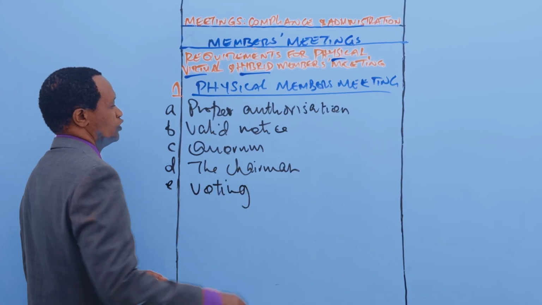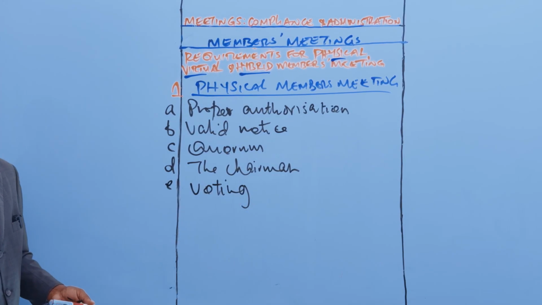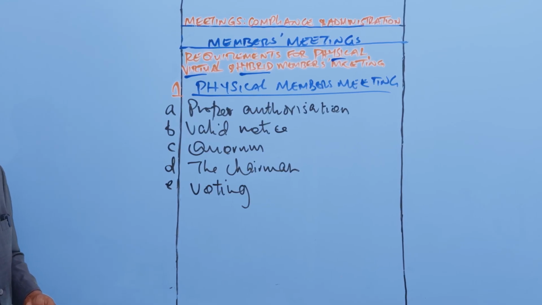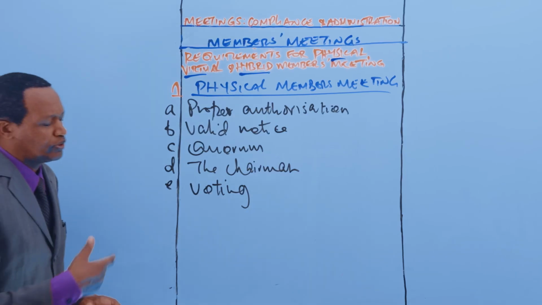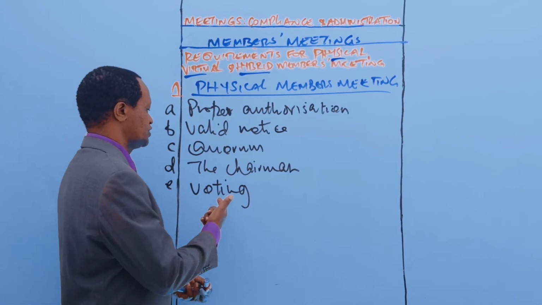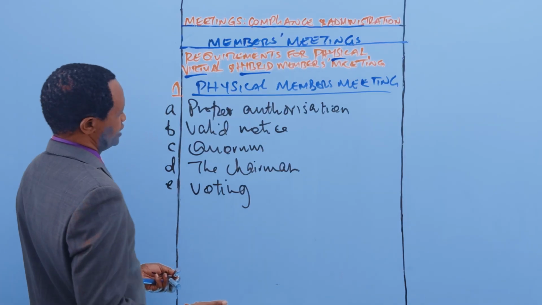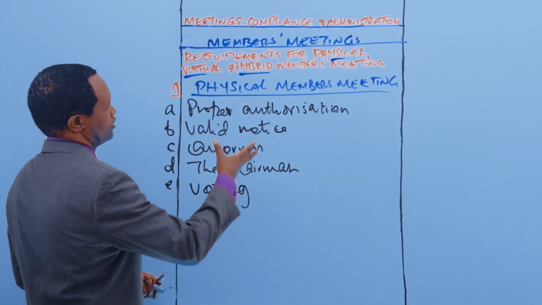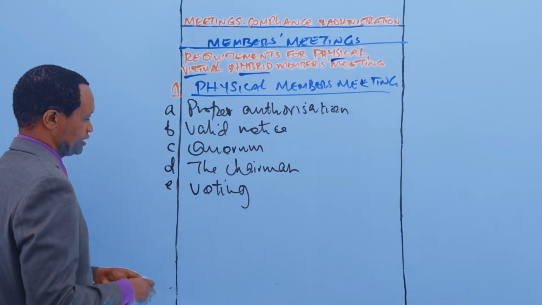A requirement on voting. Voting is usually conducted by a show of hands unless a poll is demanded. So these are 5 requirements for a physical members meeting.